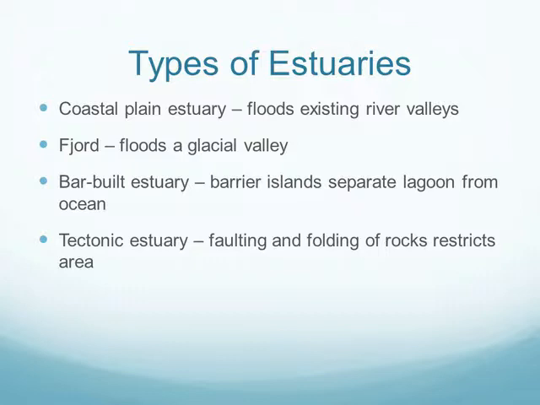But a coastal plain estuary is a flooded river valley, and so that river valley will flood up with fresh water, but then it will have salt water coming in, so part of it will be brackish in nature. So the salinity of estuaries is brackish water, typically speaking.